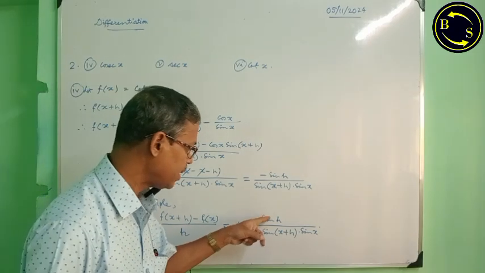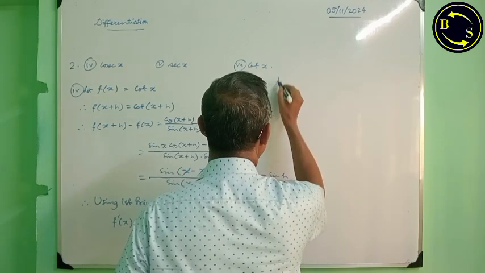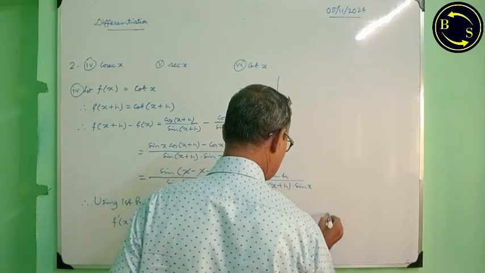Now you see sin h by h there, therefore we are getting the standard limit.